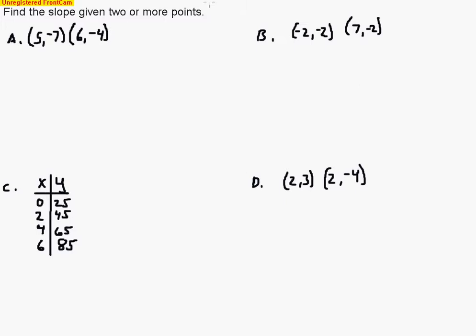When we talked about slope, we said it was the change of the y values. So remember we said change, and when I talk about change of y's, that means I'm subtracting y's. So really what I'm doing is I'm going y minus y.